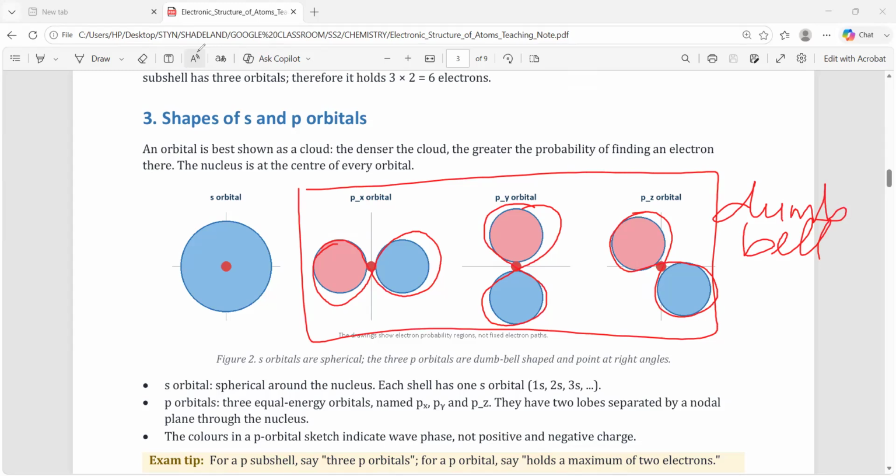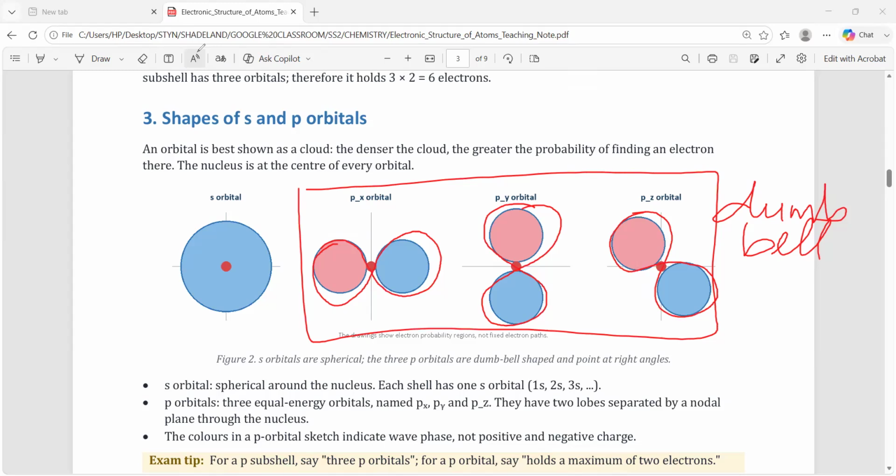Okay, this diagram here is trying to give you a better picture of it, but I don't want you to get confused or get anything mixed up with information that you cannot actually absorb at this point. So it is very simple. S is spherical, P is what? Dumbbell. All right? P is dumbbell.